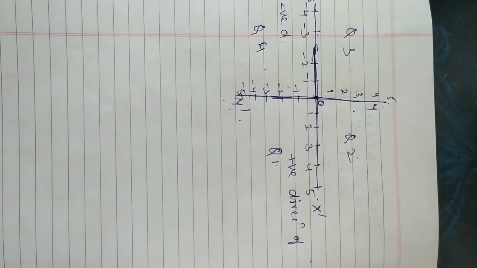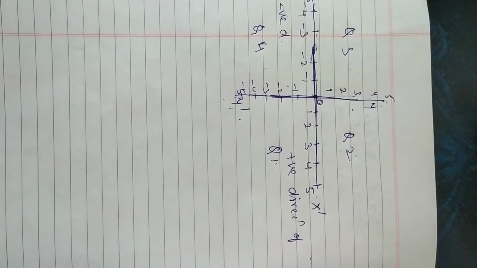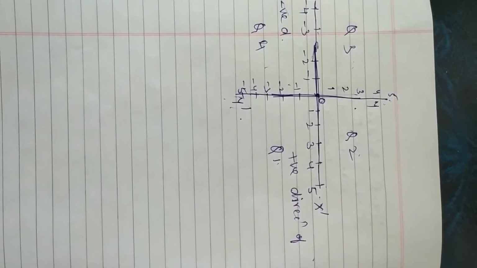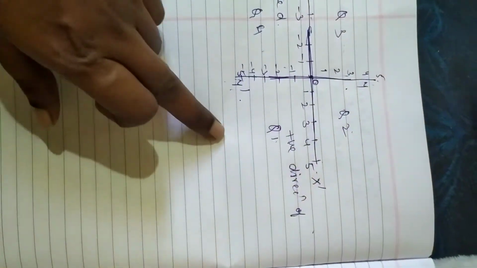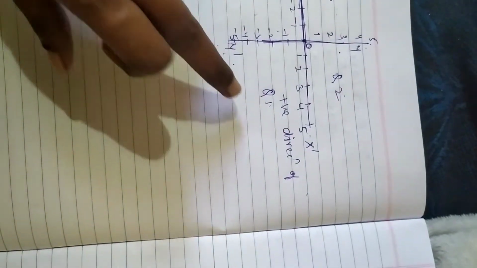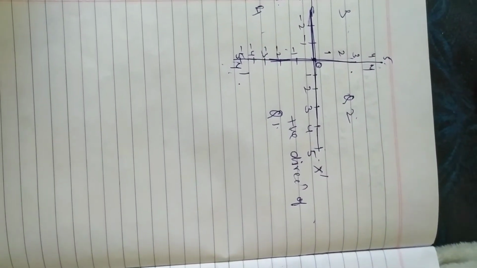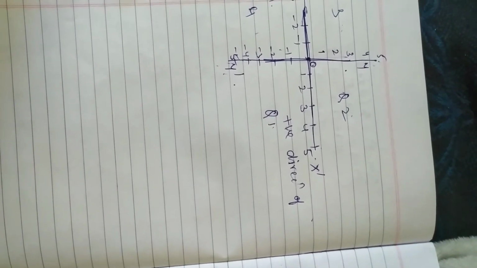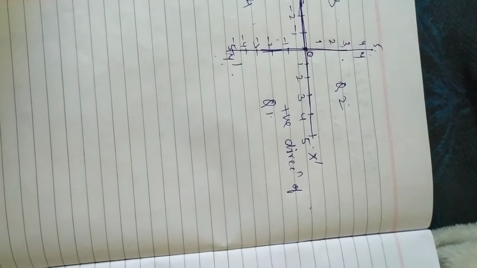Whatever the coordinate planes are on the xy plane, that is known as the coordinate axis. This plane, totally, is known as the Cartesian plane, and whatever the coordinates are there, that is known as the coordinate axis. Clear? This is about the Cartesian system and quadrants: quadrant 1, quadrant 2, quadrant 3, quadrant 4.